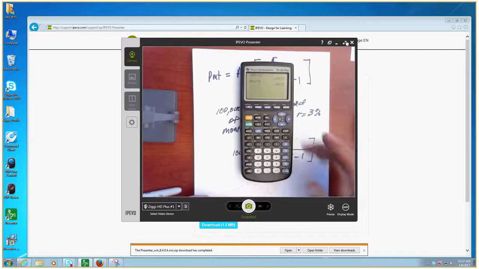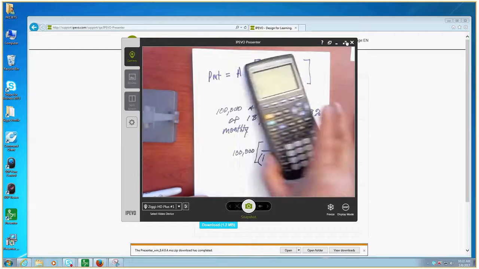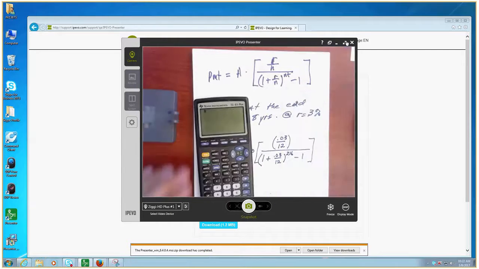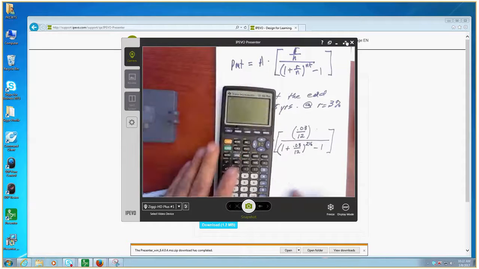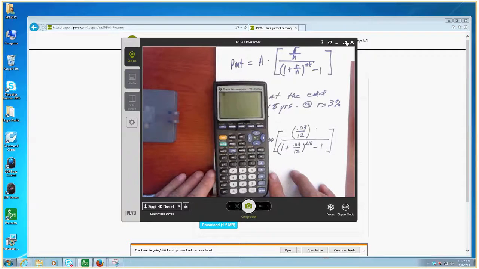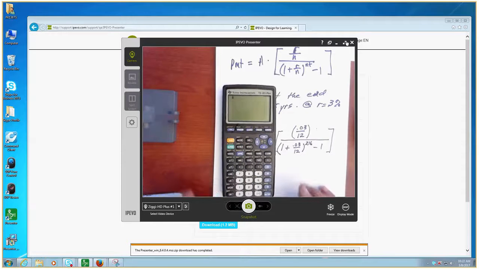Now I'm going to do the denominator. Clear. And I'm going to say 0.03 divided by 12. And then what am I going to do? Add it to what? Add it to 1.